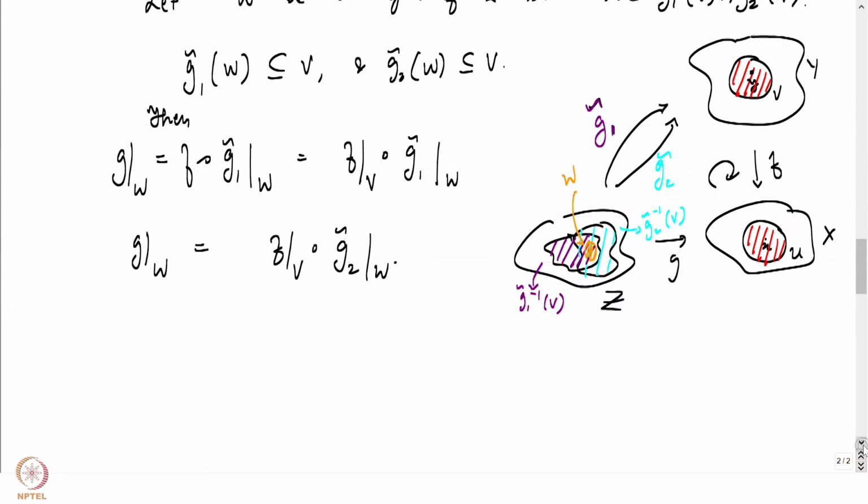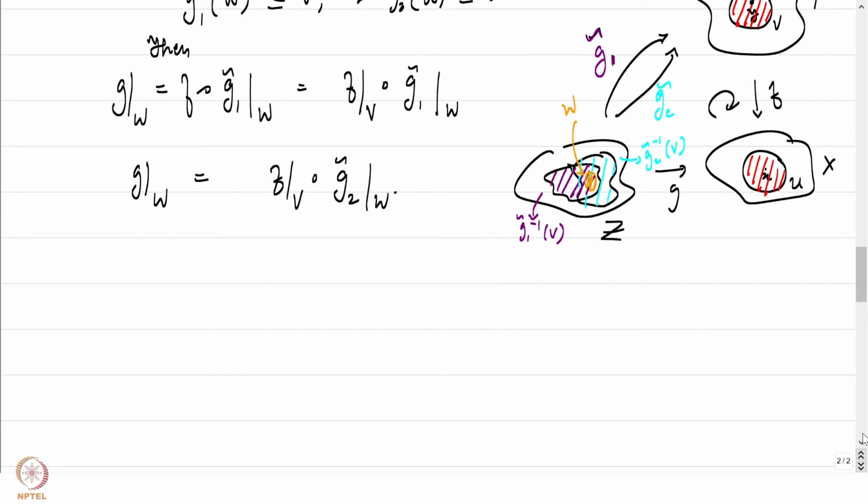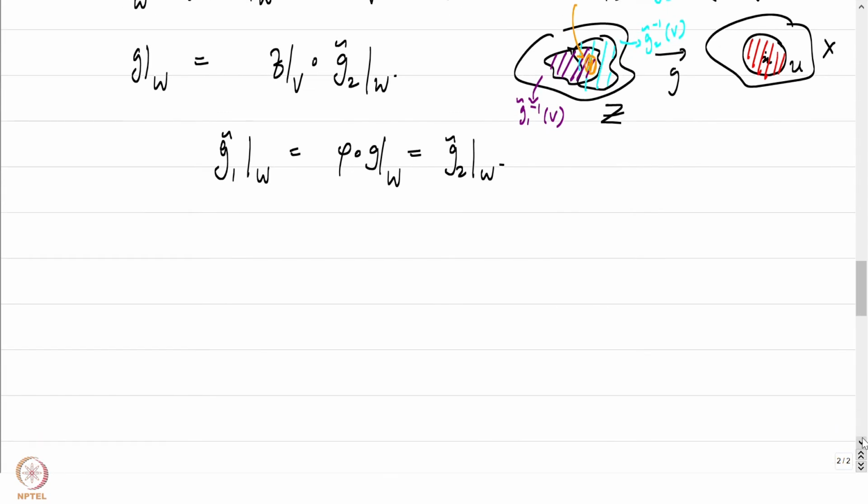Similarly, G restricted to W is also the same as F restricted to V composed with G2 tilde restricted to W. Now here, by composing with phi on both sides, let me write it down. G1 tilde restricted to W is the same as phi composed with G restricted to W, which is the same as G2 tilde restricted to W. And therefore, what do we have?